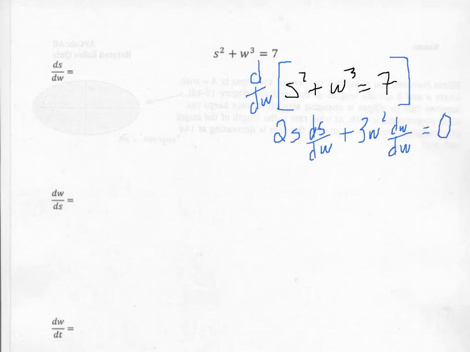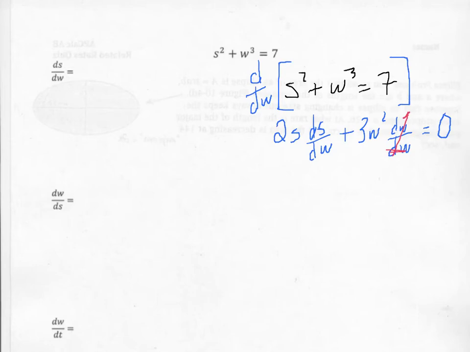And now, again, I'm looking for ds/dw, which is right here. Actually, let's do this really quickly, dw/dw is just simply 1.